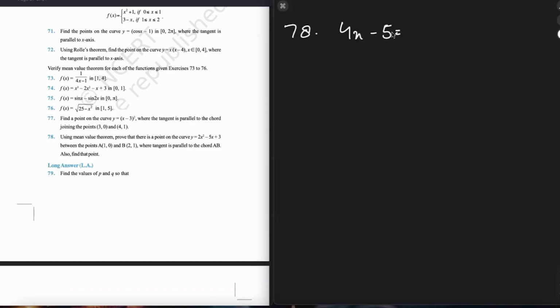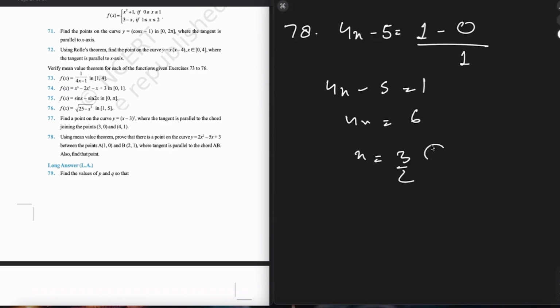So f2, 2, 4, 8, 8, 8 plus 3, 11, 11 minus 10, 1, minus f of 1, 1 is 0, whole divided by 2 minus 1 is 1. So 4x minus 5 is equals to 1, 4x is equals to 6, and x is equals to 3/2, which belongs in 1 से 2.